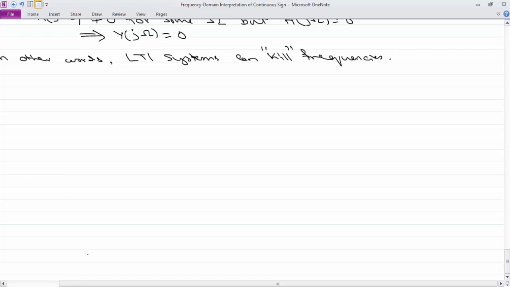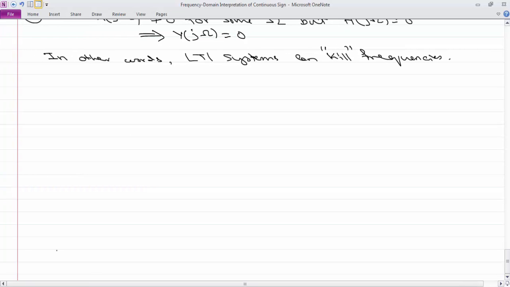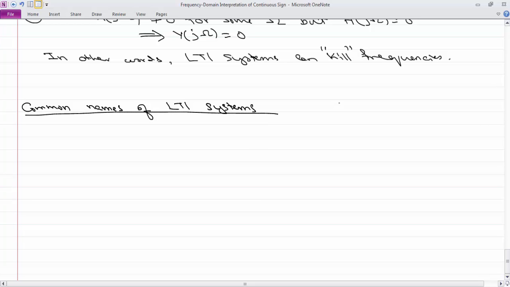So let's take a look at some of the most common names for LTI systems, which are given based upon what the Fourier transform of their impulse response looks like. So the idea is an LTI system has an impulse response h of t, and when we take the Fourier transform, h of j omega is the Fourier transform.